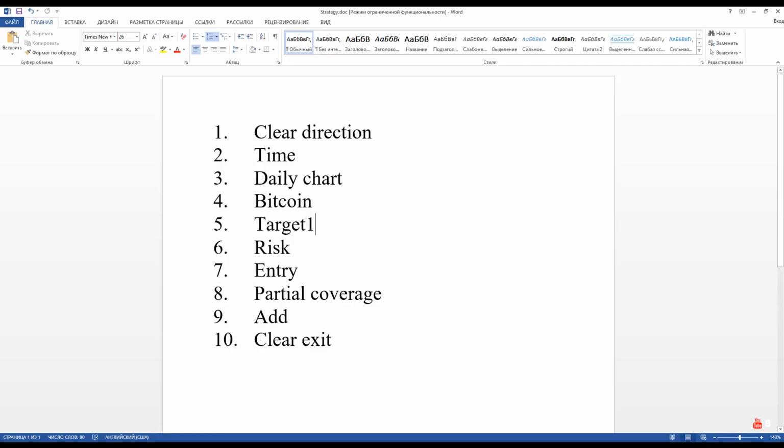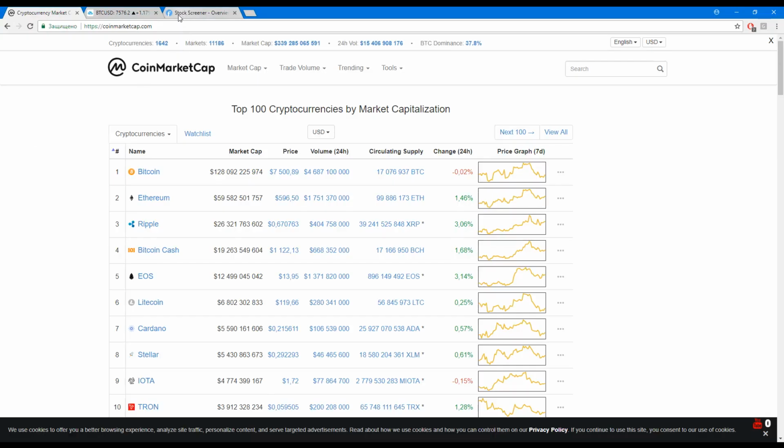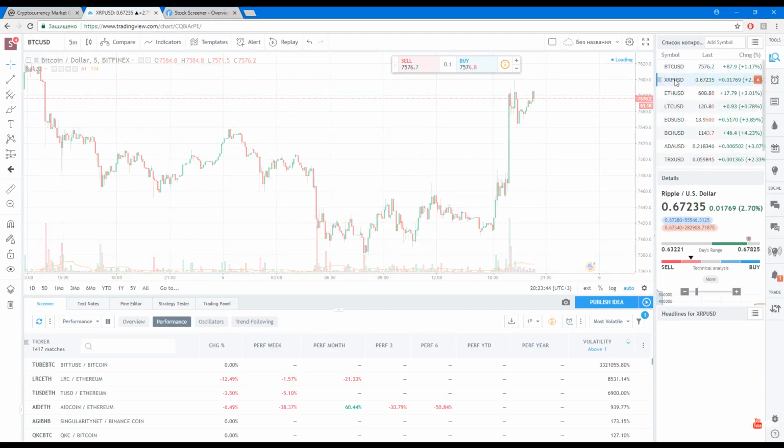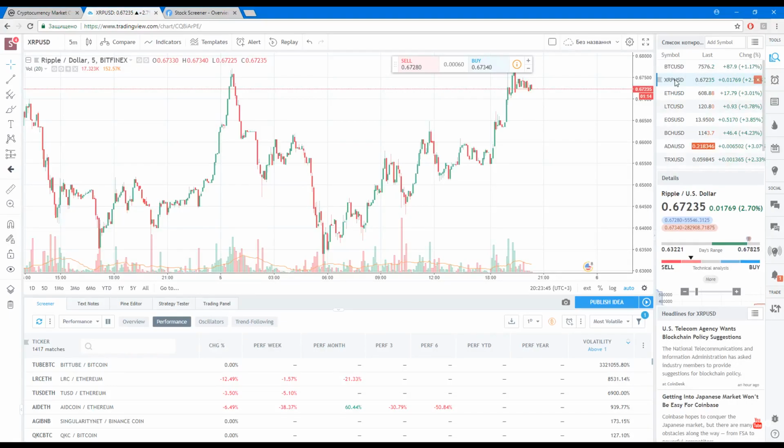Of course, your risk, the risk that suits your ability and a particular situation. So remember, we go into the transaction with volumes that correspond to our risk. You can't buy one Bitcoin, BTC, yes, or one Ripple and give a risk of only 10 cents.